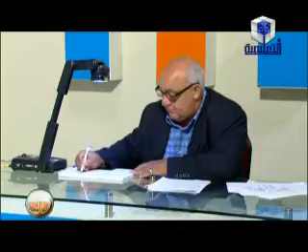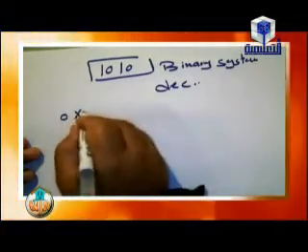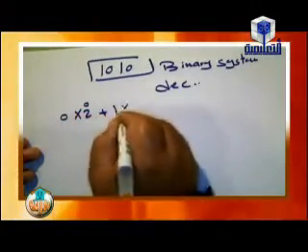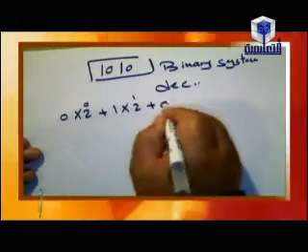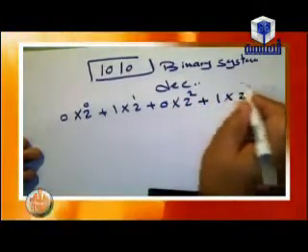And also we can convert from binary to decimal, as shown in the next question: convert 1010 from binary system to decimal system. 0 times 2 power 0, plus 1 times 2 power 1, plus 0 times 2 power 2, plus 1 times 2 power 3.